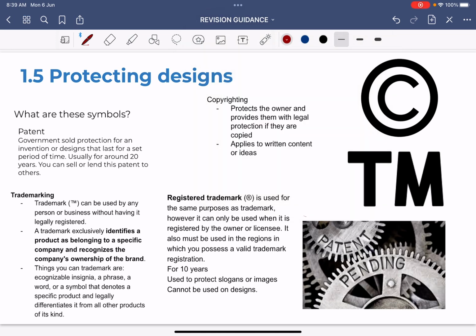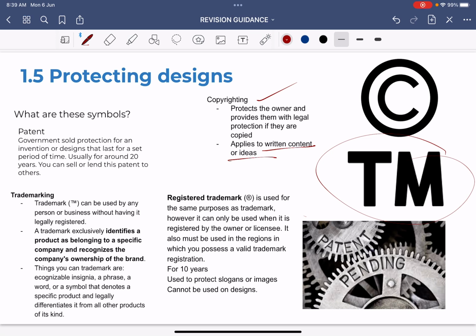So with these, there are various terms that we need to be familiar with. Copyright protects the owner, giving legal protection if they're copied, and applies to written content or ideas. And that's very different to what's called a trademark. Trademarks are used for logos.